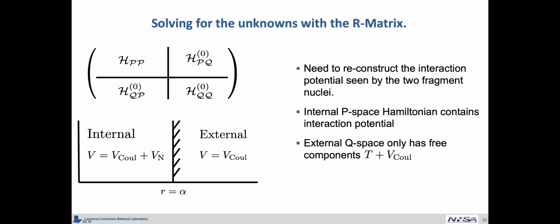So we're going to solve for the inside and then match it to the solutions that we know on the outside at that matching radius that we have determined before. Typically for our calculations, just for your information, this is around 18 to 20 Fermi. So it's far enough apart that we believe there is no nuclear interaction anymore.